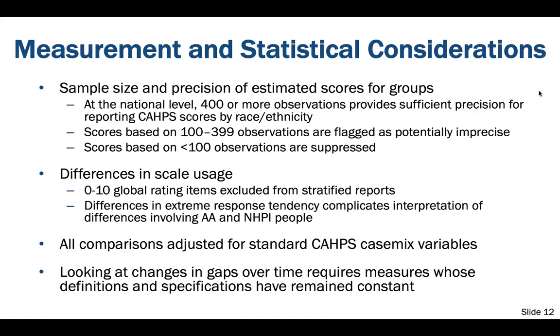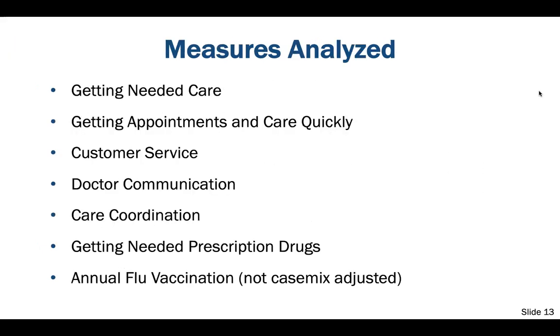So in turning to the next slide, you'll see the 7 measures that were examined. Some of these measures, like getting needed care and doctor communication, are measures that have been part of CAHPS surveys for a very long time.